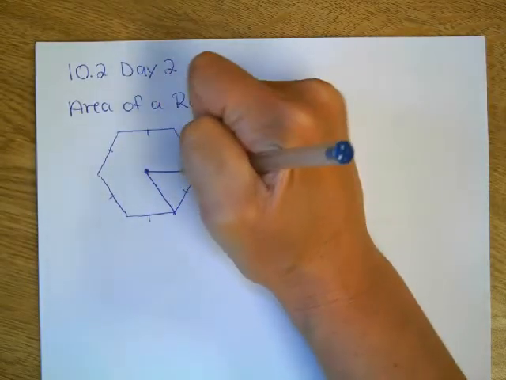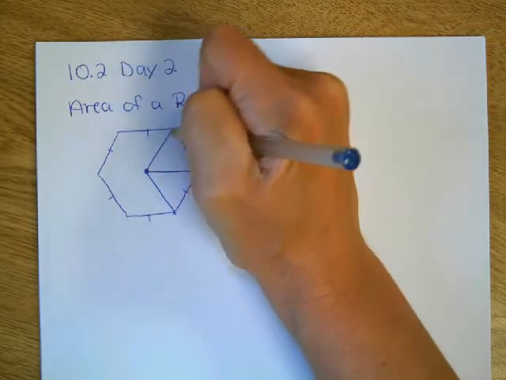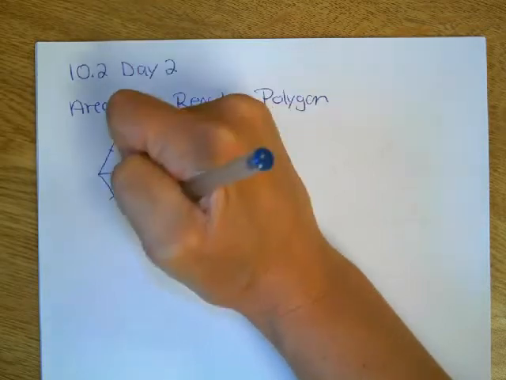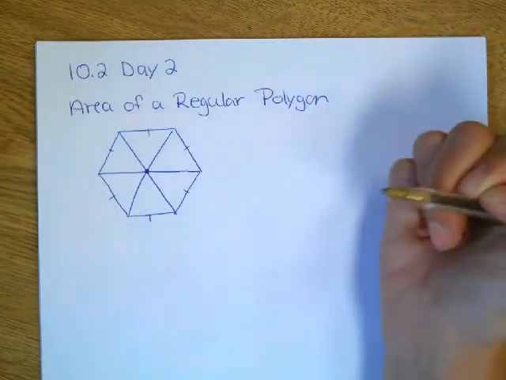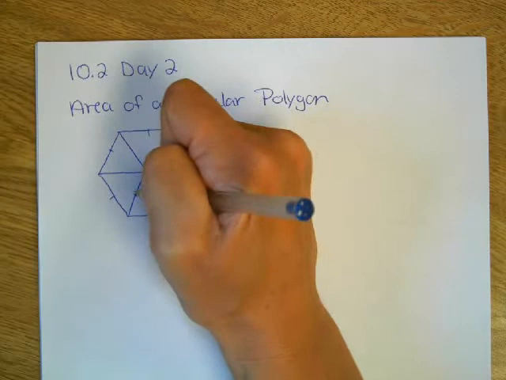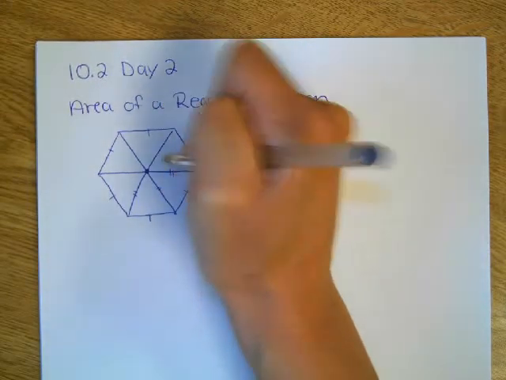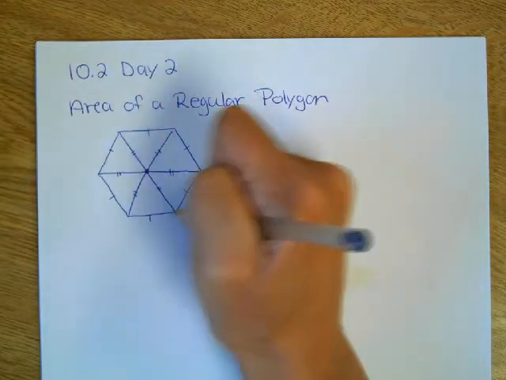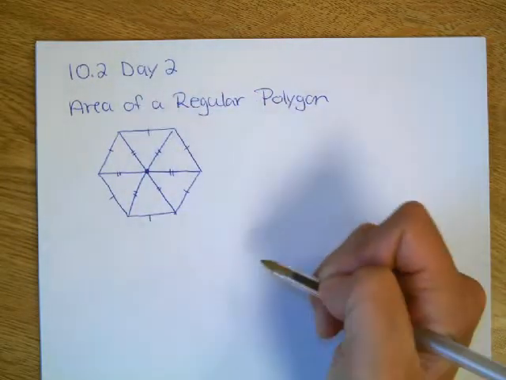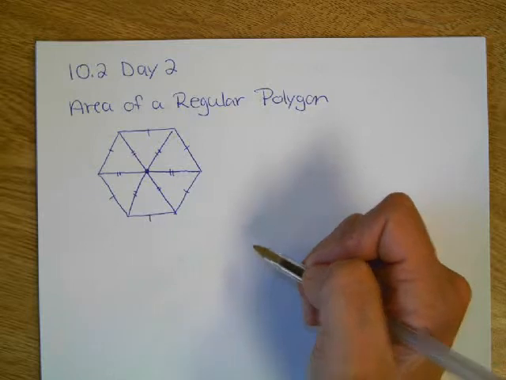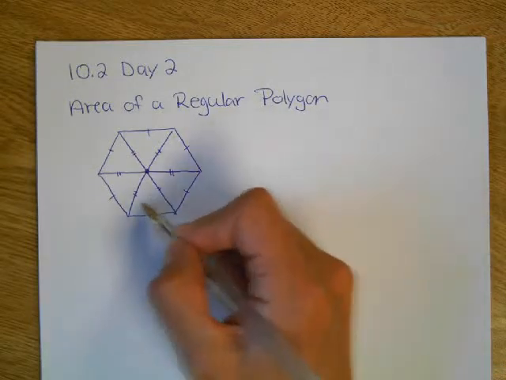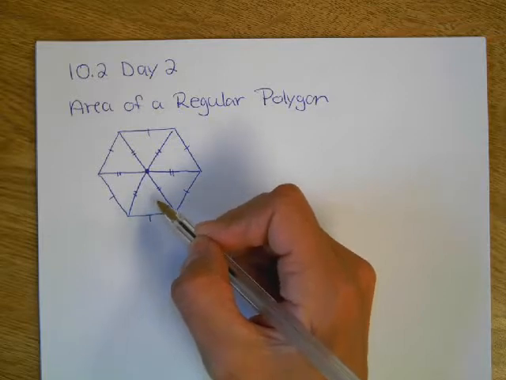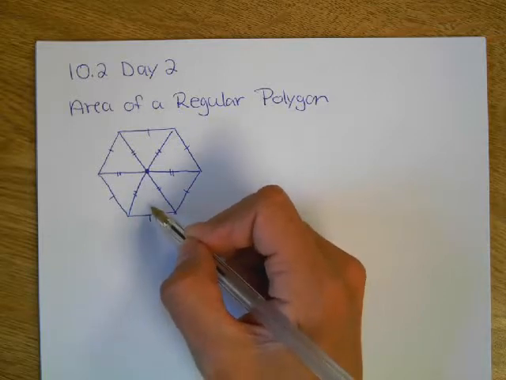So if we draw those in, we are dividing this polygon up into isosceles triangles, because every one of those radius lengths are also congruent to each other. So each of these triangles is an isosceles triangle. So we are essentially going to find the area of one of these triangles and multiply by how many we have. And we have a formula for that, or we could just follow that process if we wanted.